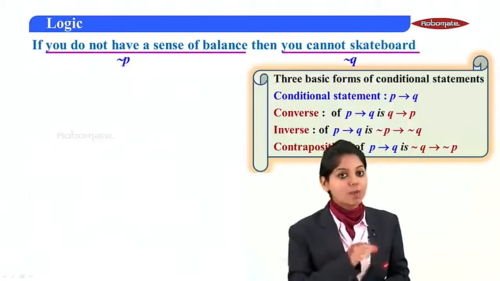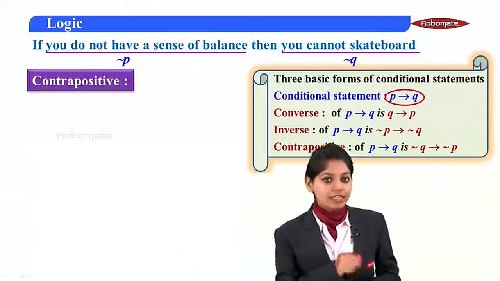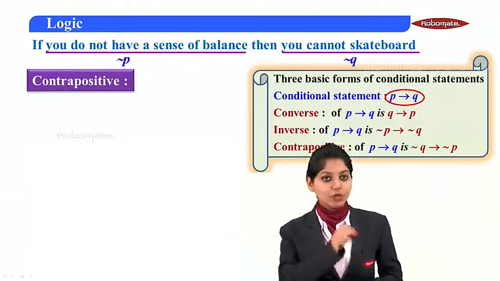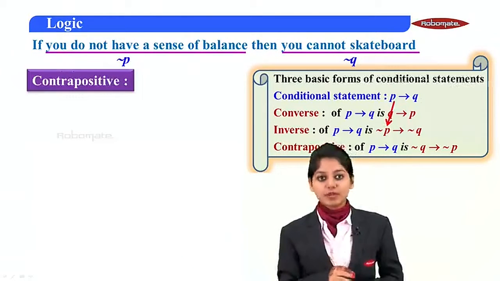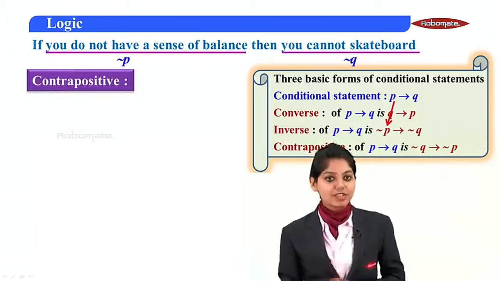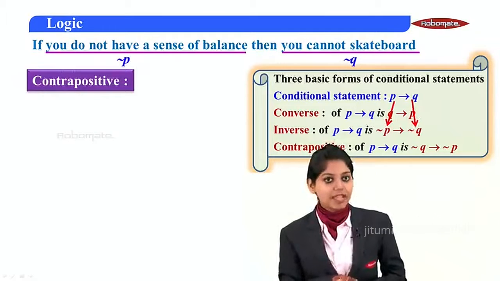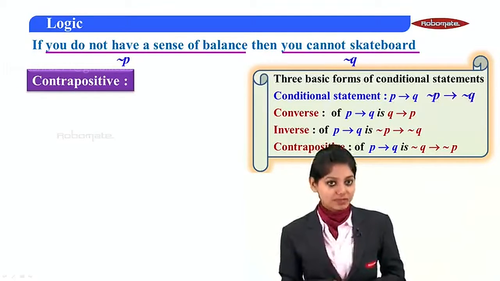Now class, for the contrapositive. For the conditional statement P implies Q, what do we do? You simply try to get the negation for the first statement and then switch their position.